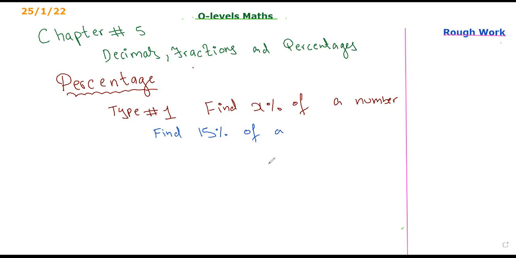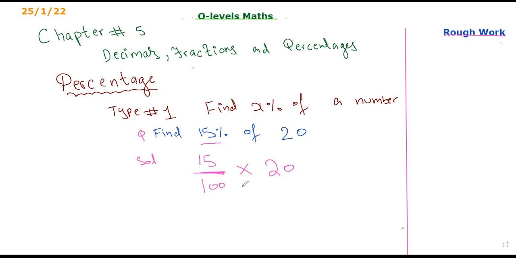Now, these questions are very easy. This is the question. For the solution, we just have to convert this English into maths. How? This is 15 per cent, 15 over 100. This is per and this 100 is cent. So 15% of means multiply, and then we have 20.